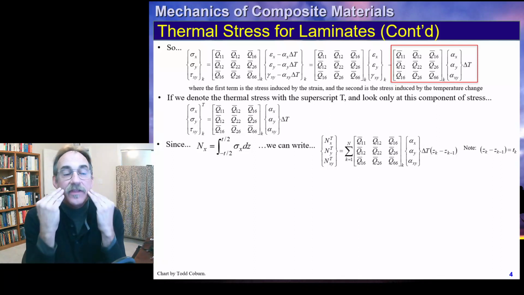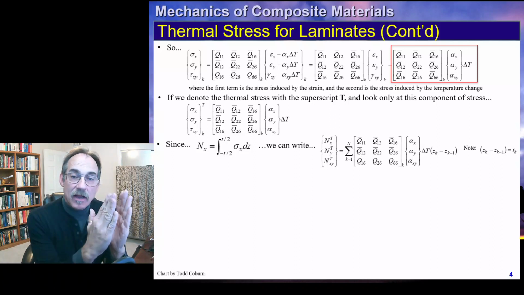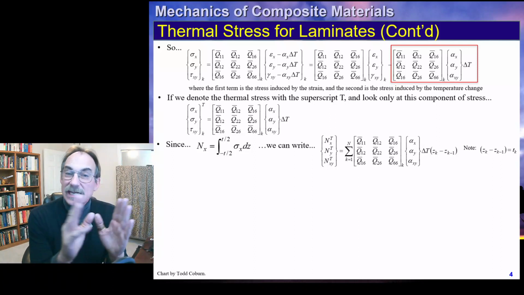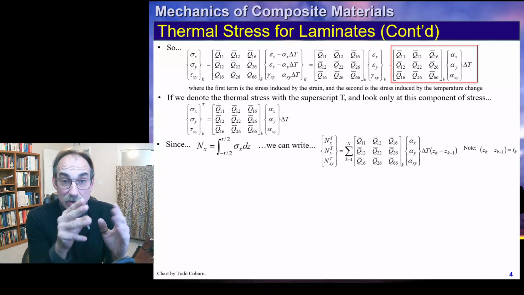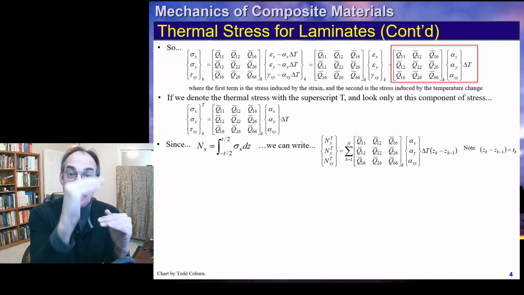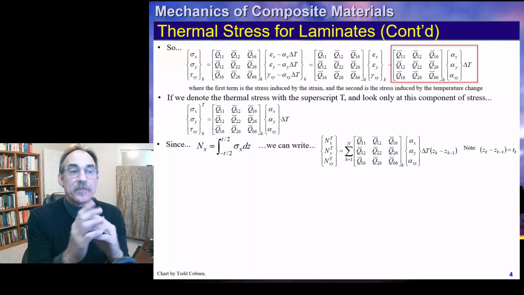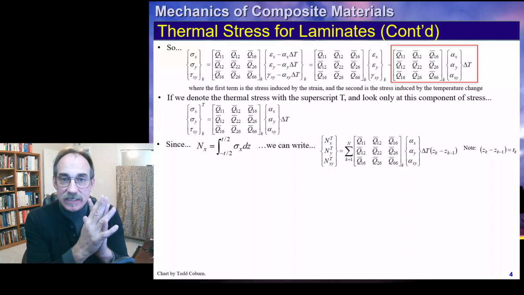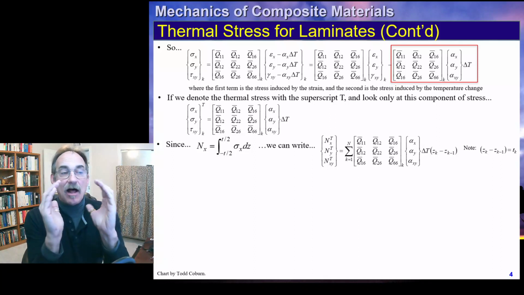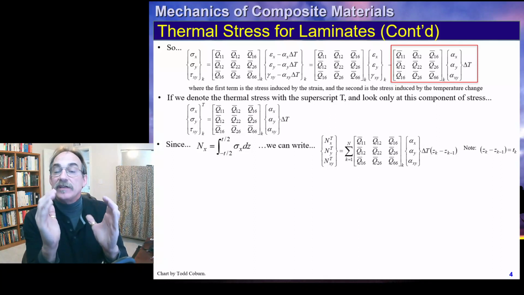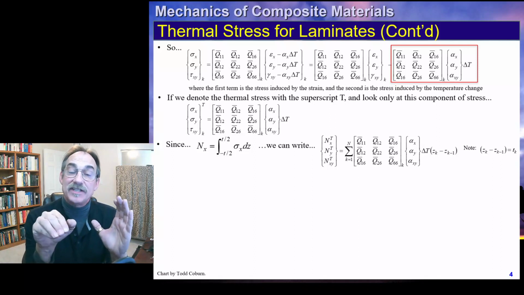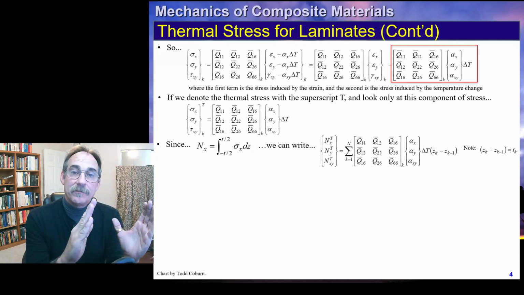This has the idea then, this N superscript T then, and when I say N, I'm talking about all three values, right? We have one in the x direction, one in the y direction, and a shear direction. We're getting all of that since we're using all of the alpha delta T's. Remember, that Q-bar times the alpha delta T, that is a stress, and we multiply by that Z minus Z minus 1, which is just a thickness, we're getting the running load.